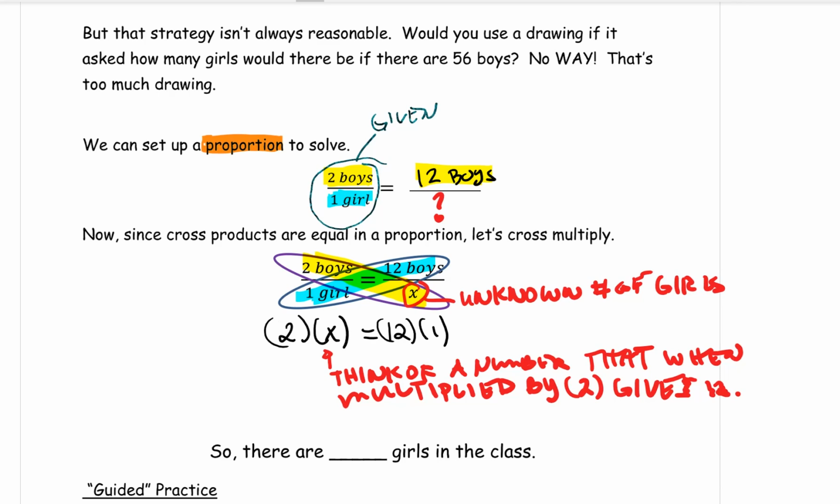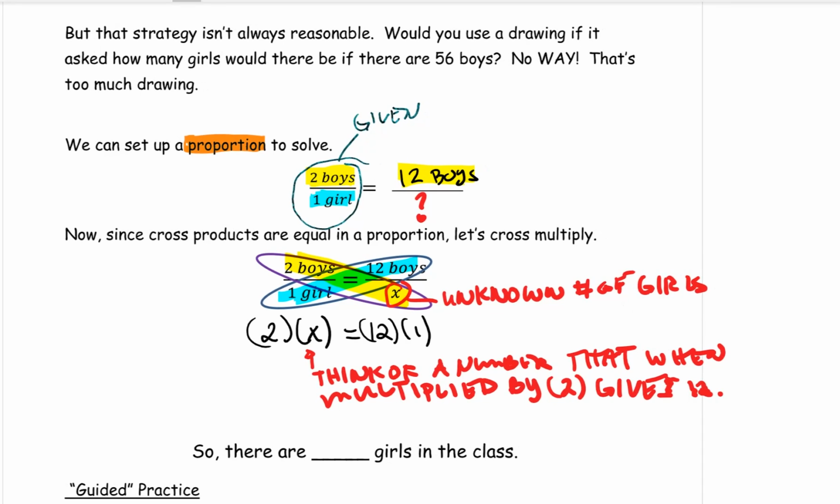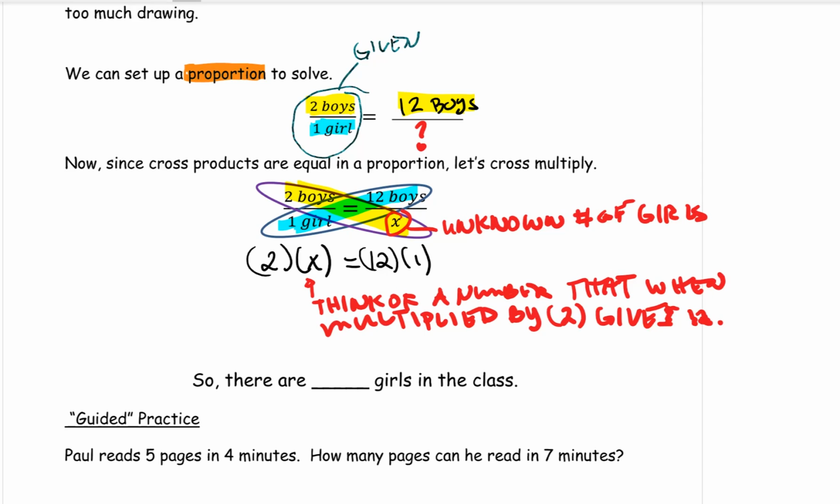So x represents a number. So think of a number, so x would be that number. So the x here is the number that when multiplied by 2 gives you 12. Well, if you can see, that number is x equals 6.